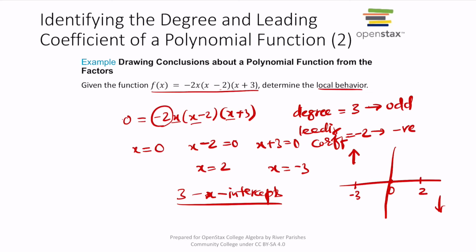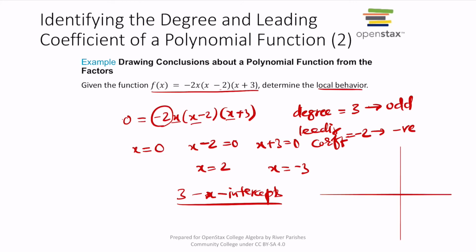So when you draw the curve, we can say that this is the curve. So from the behavior here, we know that we have negative 3 as one of the points, 0 and 2.